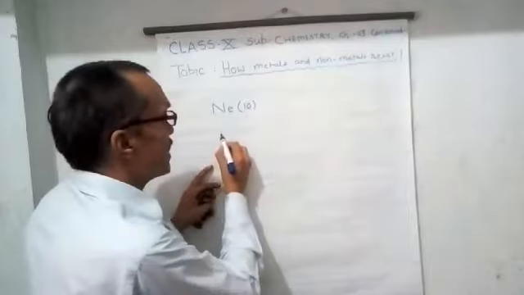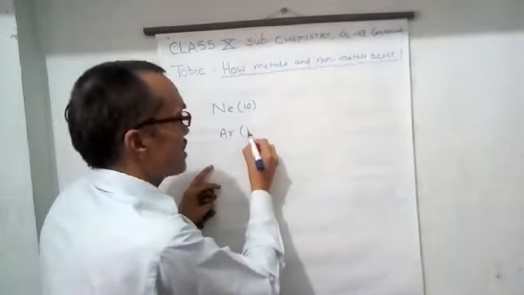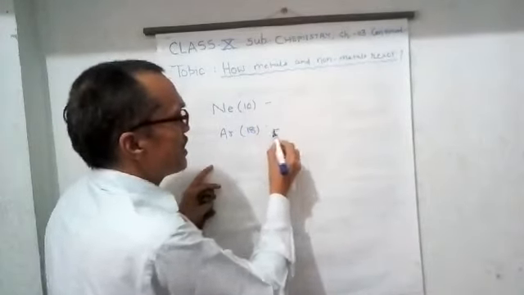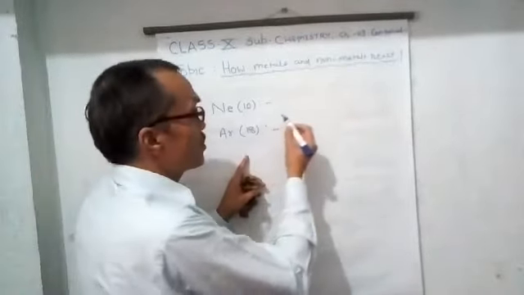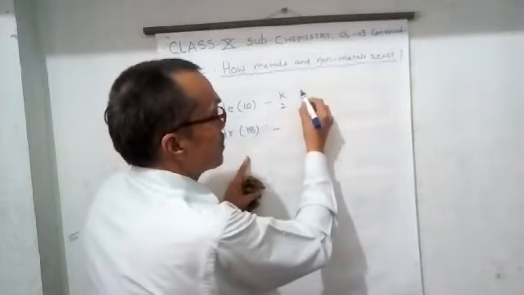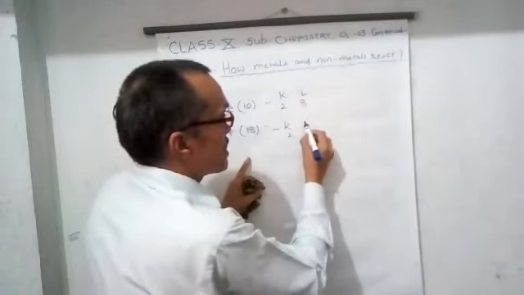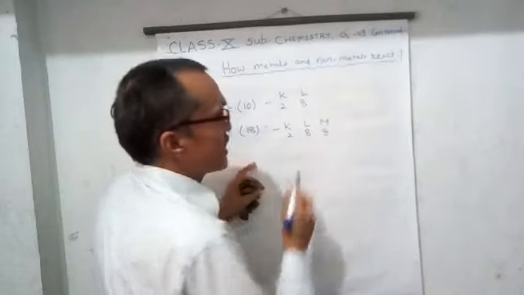In a similar way, argon is a noble gas and its atomic number is 18. Now students, if you write the electron configuration of these two elements: first orbit 2, second orbit 8. For argon, first orbit 2, second orbit 8 and third orbit also 8.